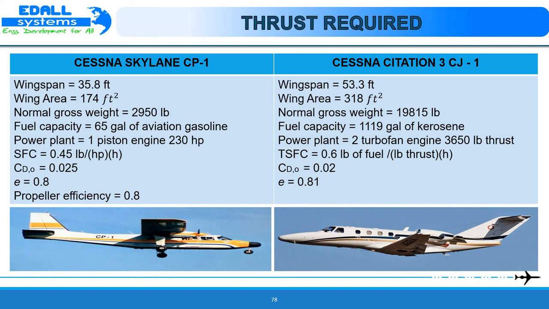Thrust specific fuel consumption is equal to 0.6 lb of fuel per lb thrust per hour. Parasitic drag coefficient is equal to 0.02 and Oswald efficiency factor e is equal to 0.81.